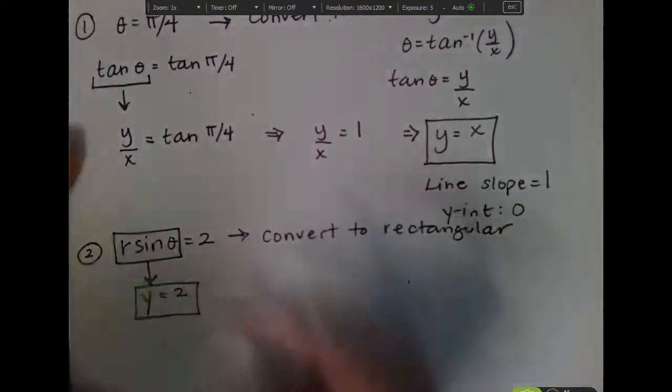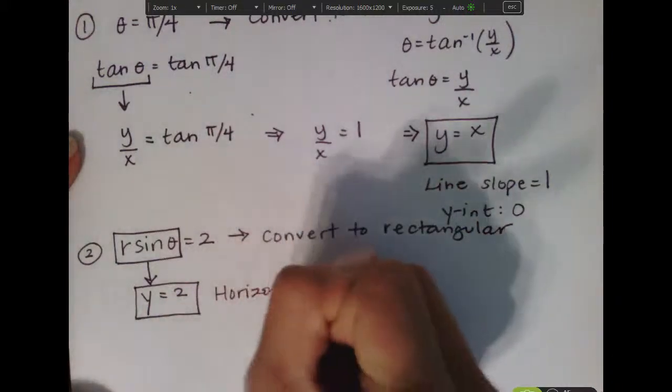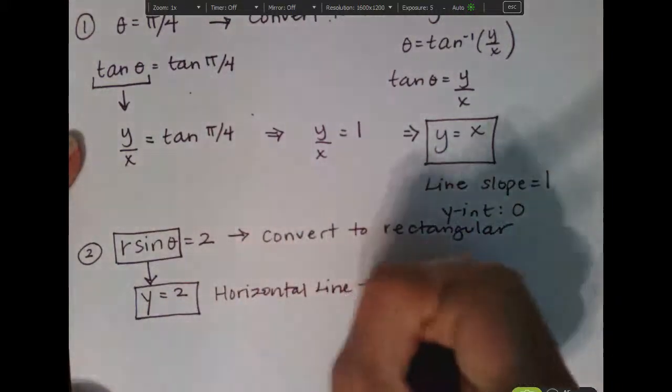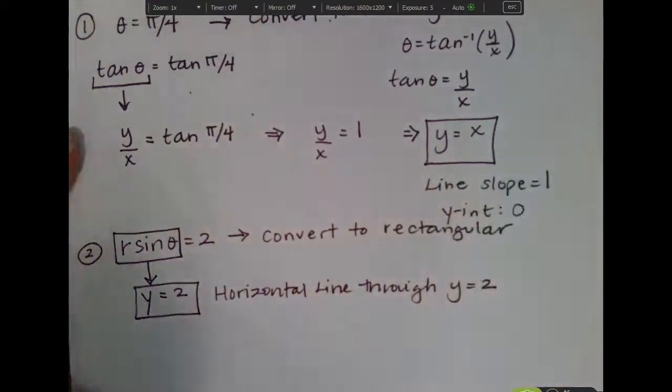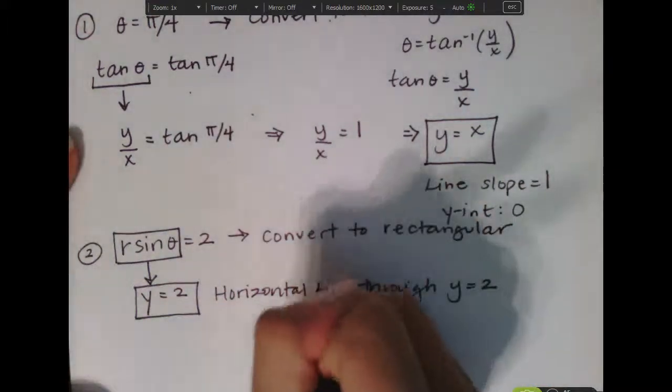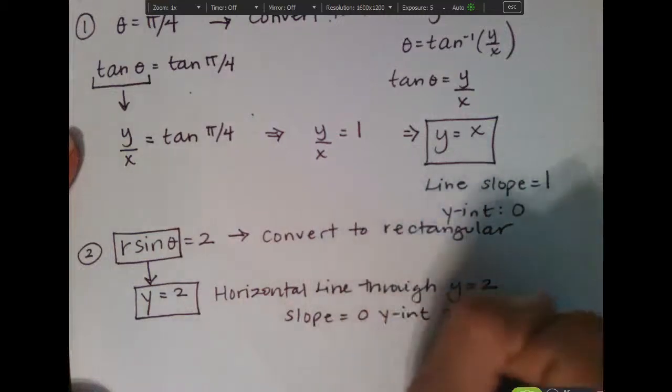Okay, so those are both linear, and again I would describe this as a horizontal line through the point y equals 2, which hopefully we remember has a slope of 0 and a y-intercept of 2.